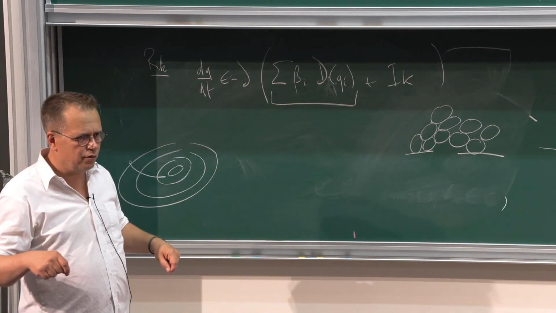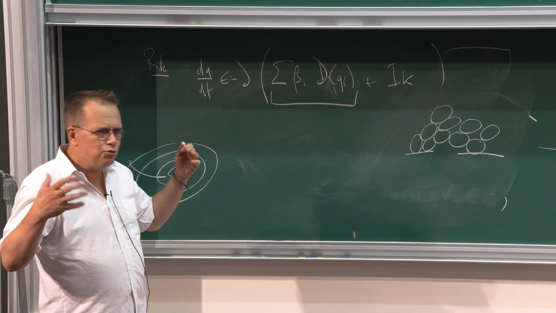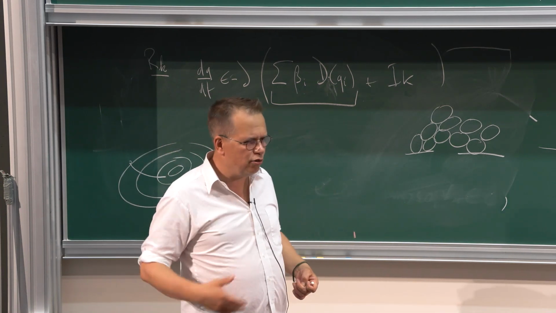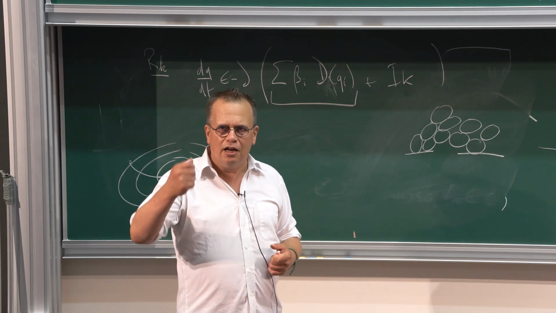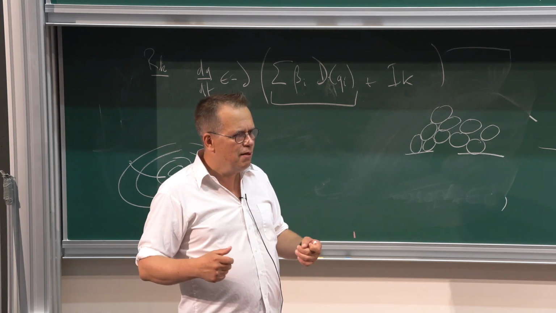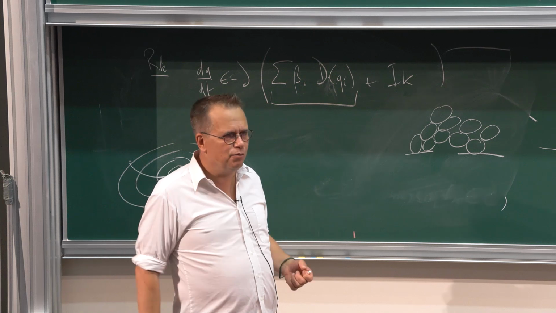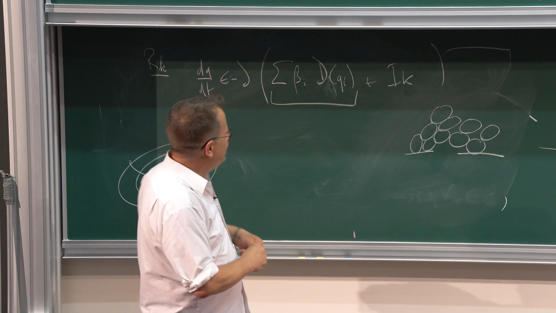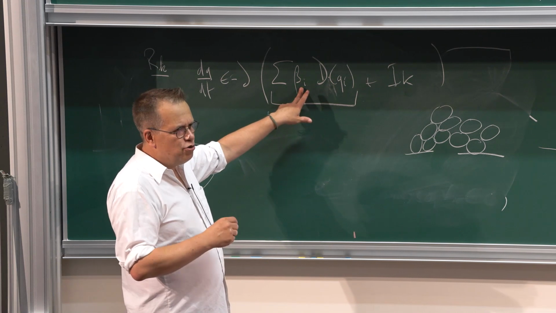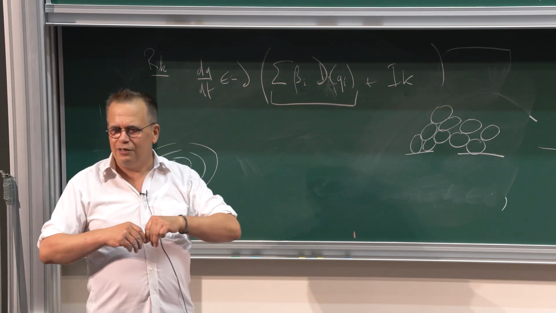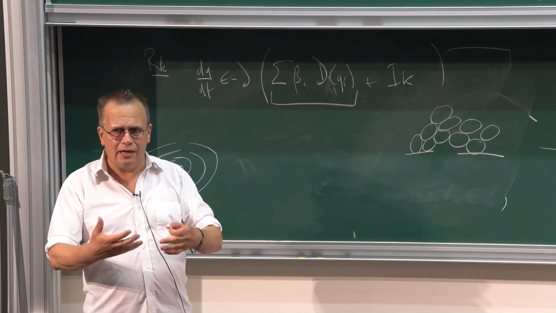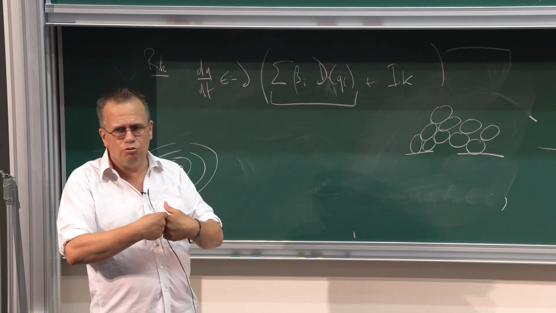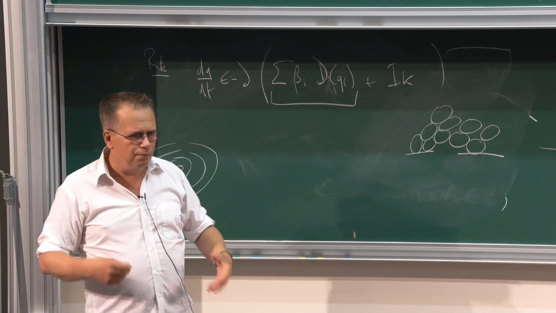You see, it could even be transposed in a political context. You feel you are not happy because, I don't know, you pay too much taxes, and you shout for that. But you can also say, okay, I pay too much taxes, but whatever, I don't care, I'm not complaining. You can lower the expression of your dissatisfaction by lowering your beta_i, the weight you attribute to yourself in the global picture.